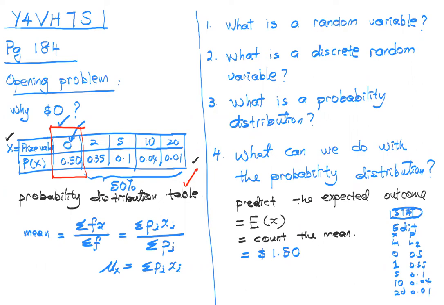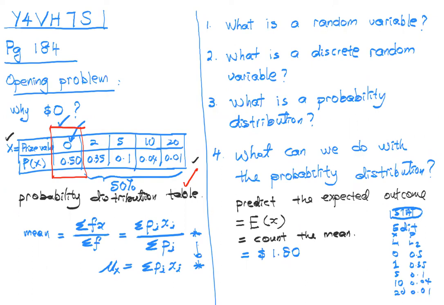So students, can you have a look at this? From here to here, why can I write it as equal to sum of pi xi? Can someone explain to me? The sum of pi is always 1.